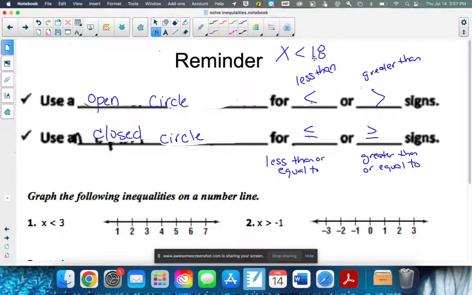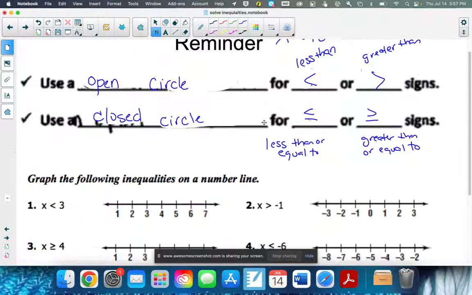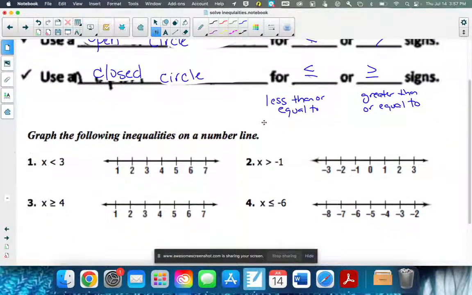So you could be 17 years and 364 days, but you can't be 18, right? So it could not actually be that number. So big difference as far as when we graph them and when we write them.